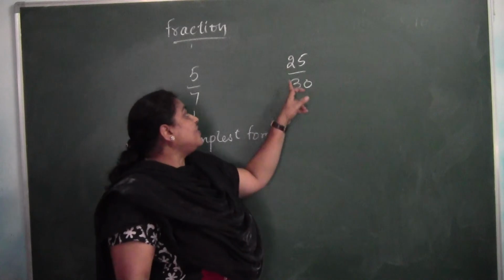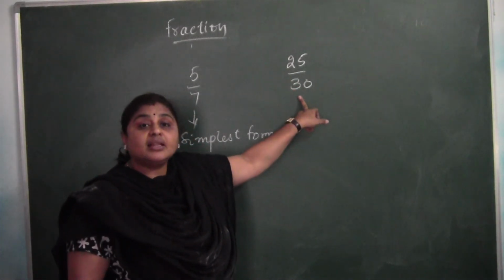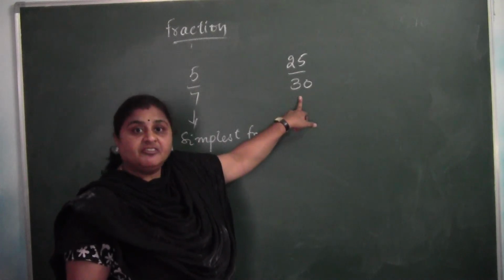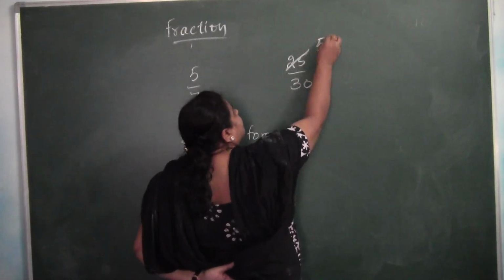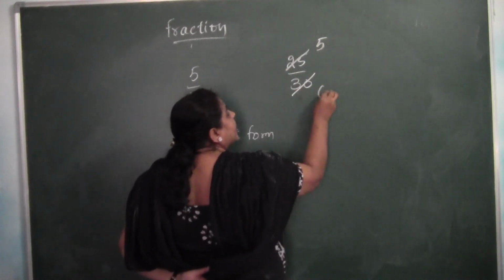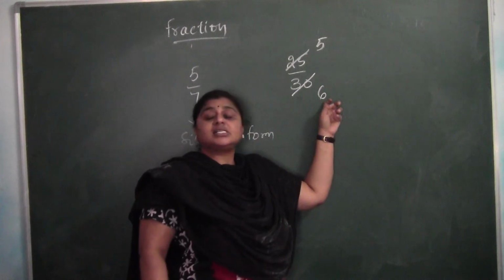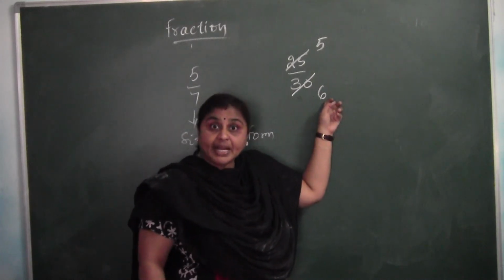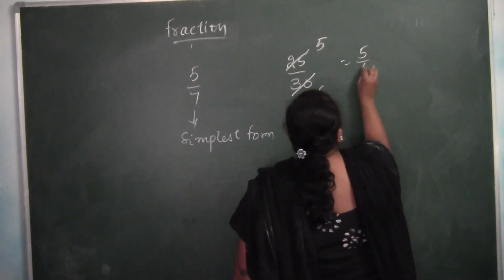Now coming to 25 and 30. 25 and 30 are multiples of 5, right? 25 in 5, 5 times. 30 in 5, 6 times. Now will 5 and 6 come in any same table, children? No. So we stop the cancellation there.